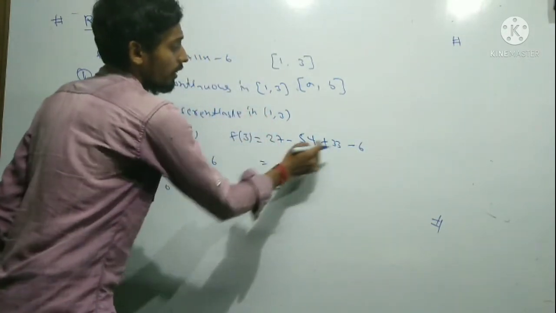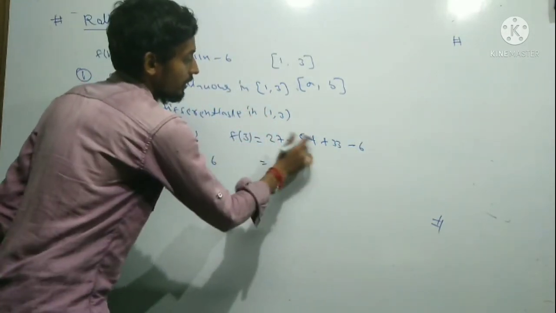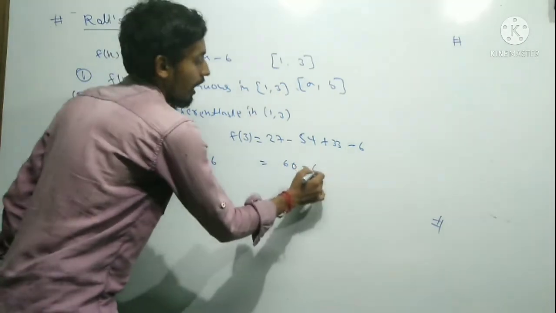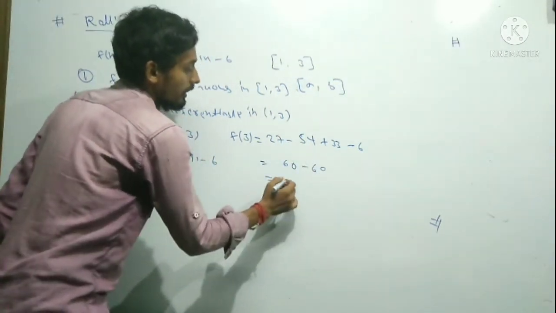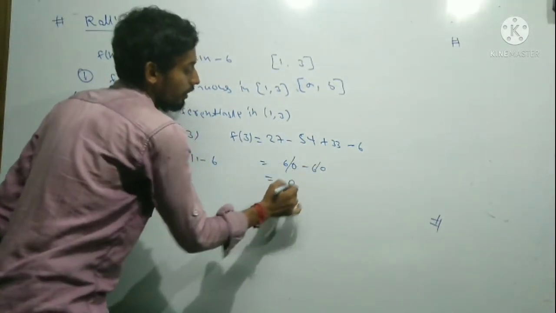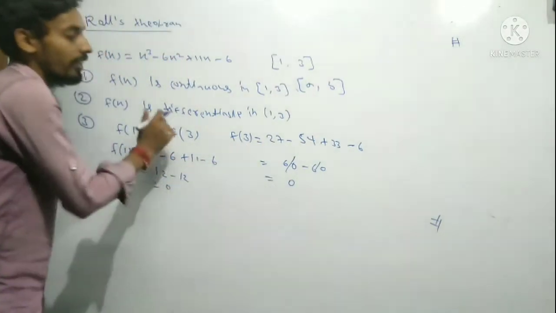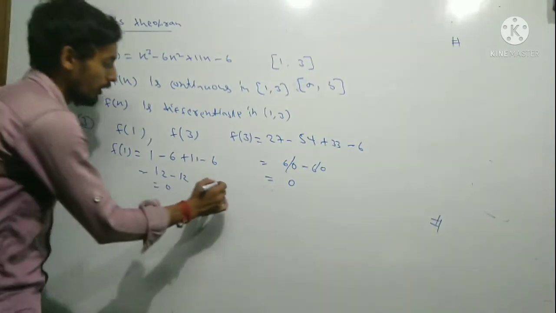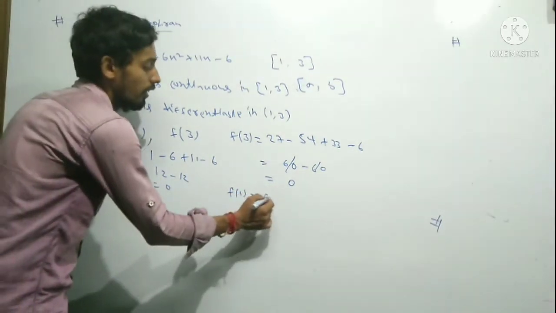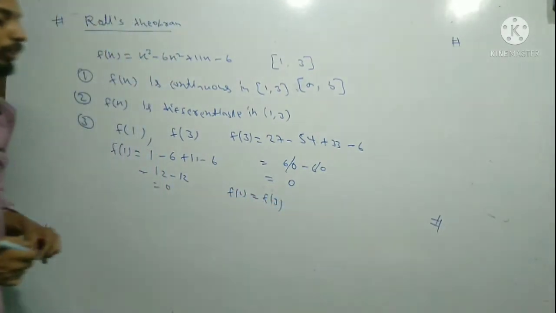So we add them up and get 60, and 60 minus 60 cancels. What we get is f(3) equal to 0. So the third condition is satisfied. Here f(1) equals f(3).